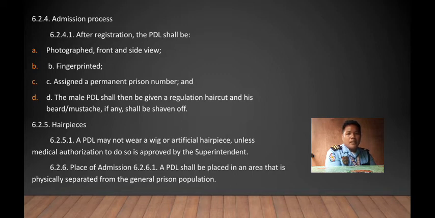A PDL may not wear a wig or artificial hairpiece unless medical authorization to do so is approved by the superintendent. Next, place of admission. Next, a PDL shall be placed in an area that is physically separated from the general prison population.